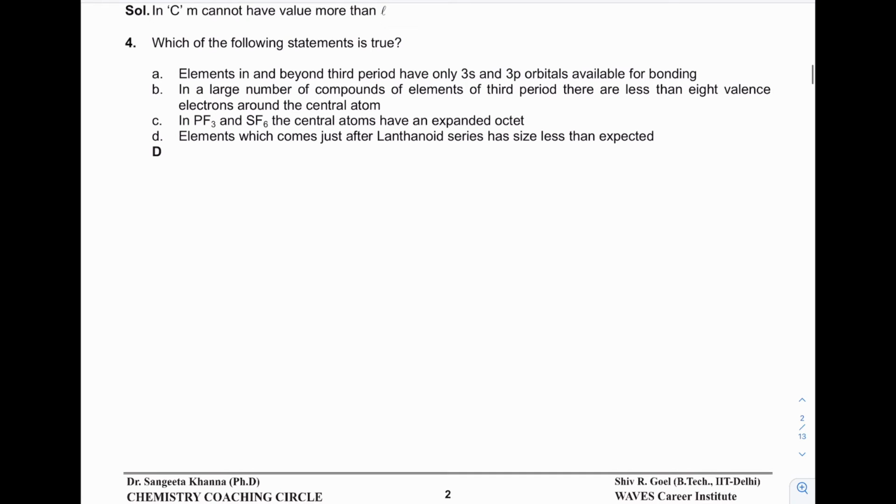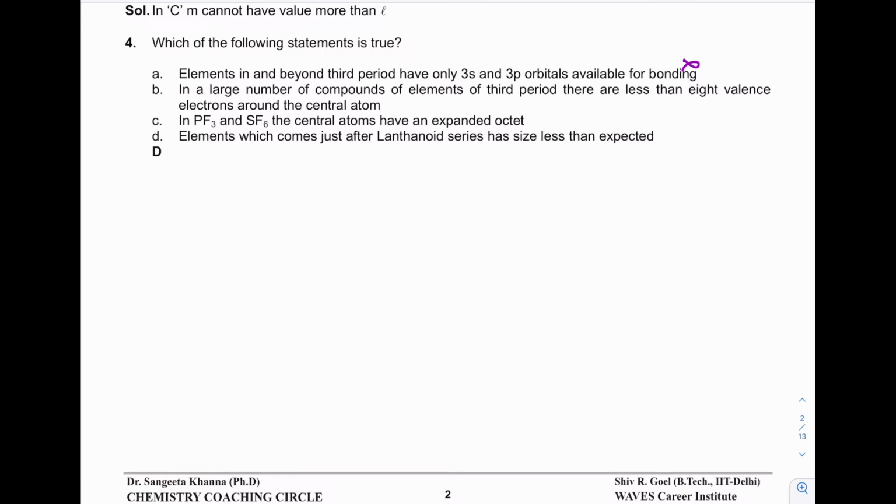Which statement is true? Elements in and beyond third period have only 3s and 3p orbitals available for bonding. That is wrong because they also have 3d orbitals. In large number of compounds, elements of third period are there less than 8 valence electrons around the central atom.